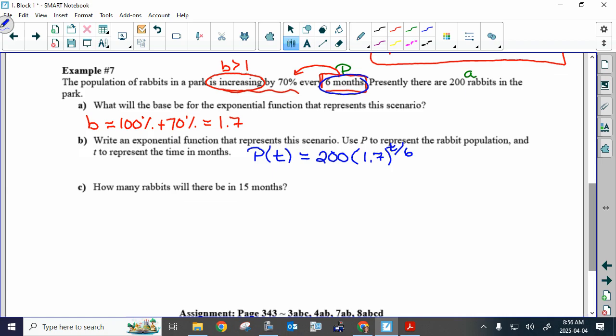So every 6 months, we're going to have 70% more. Now it says how many rabbits will be there in 15 months. Guys, this is a t-value of 15. You should show, using function notation, that you've substituted the 15 in, and then get my rabbit population. Can I get someone just to fire that into their calculator quickly?